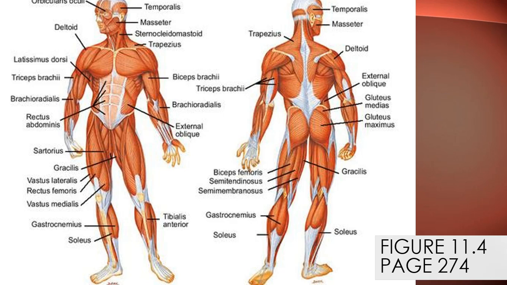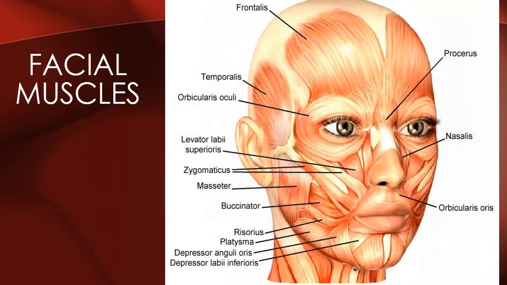Let's see on the front. We're going to go now to the facial muscles, which are pretty fascinating. Humans, as you know, have a wide range of facial expressions, and it's because of the intricate musculature of our faces. Okay, so let's start at the top. This is called the frontalis, and it is the moving muscle if you're going to raise up your eyebrows.